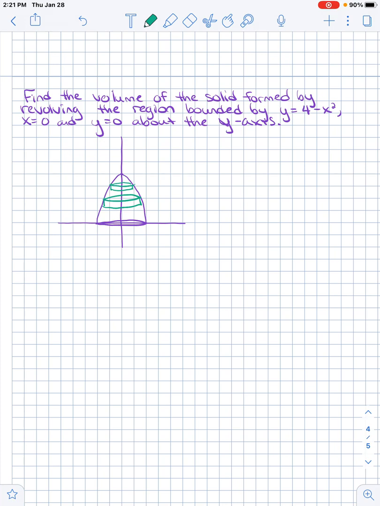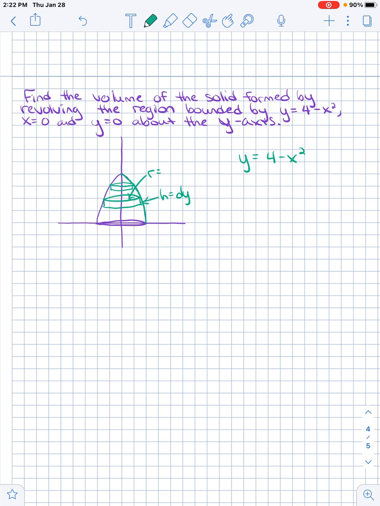It's kind of like when we found the area of something that was x equals. Things are going to be a little bit different. So first of all, the height is dy. That means it's some change in y, some vertical length. So the radius must be written as a function of y as well. In order to find the radius, we know it has something to do with this curve, but it's based off of the y-axis.